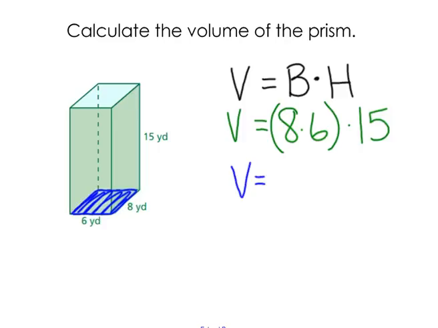And when we do all that multiplying, we're going to get 720. And then for step 4, we need to include the units, which would be yards cubed since we're talking about volume. So I would write that as yards raised to the third power. That would be cubic yards because really volume is looking at how many cubes would fit inside of this figure.